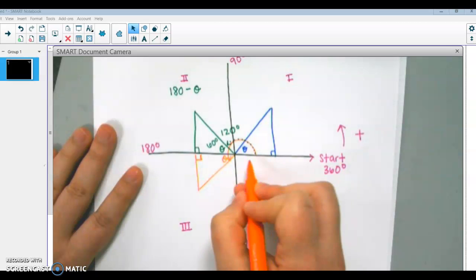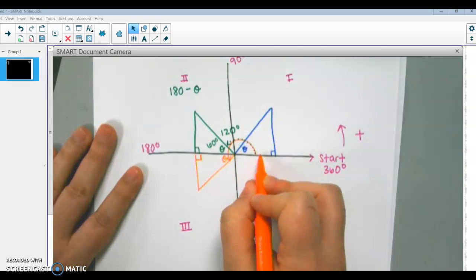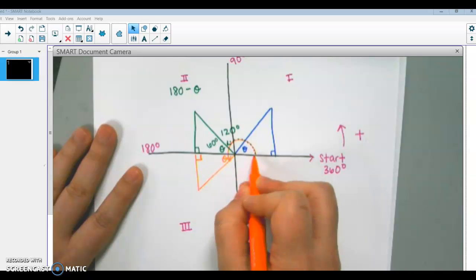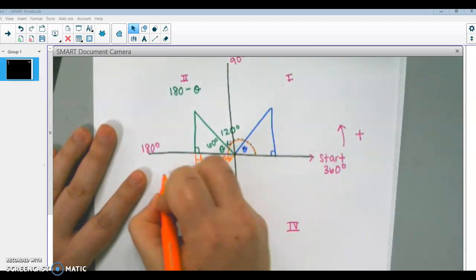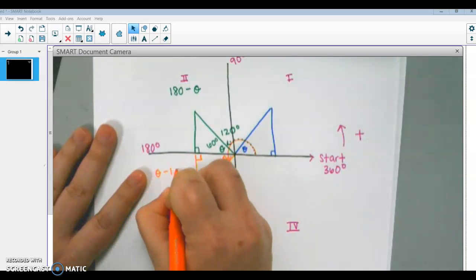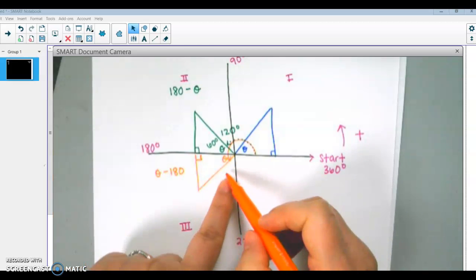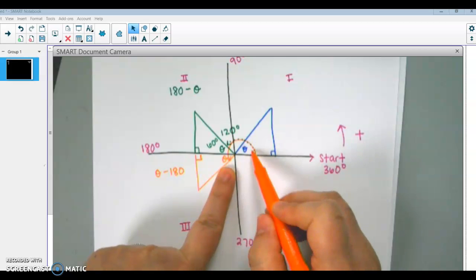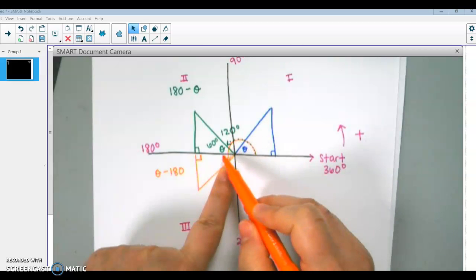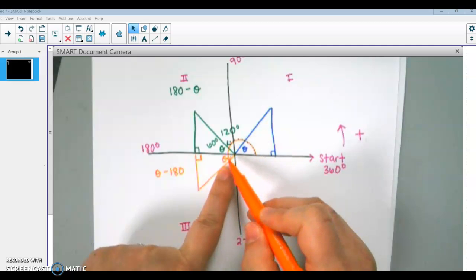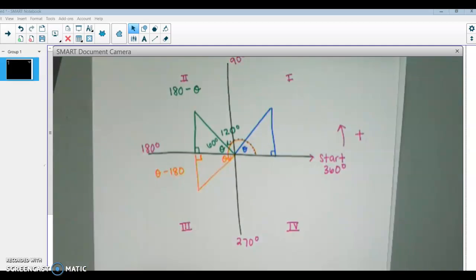So that whole entire angle might be 225 degrees, but the angle that I'm using is the angle minus 180. Because basically in quadrant 3, we have this entire top half, that semicircle from 0 to 180, that we're not using. So in that third quadrant, you just subtract 180.